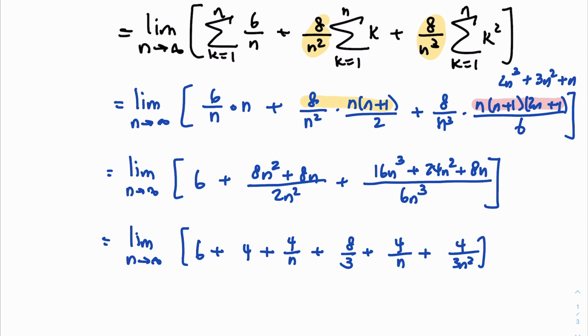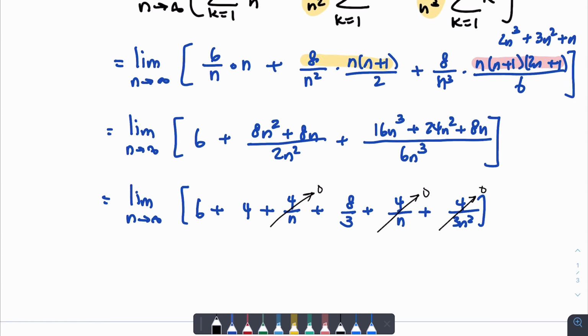So then as n goes to infinity, anything that has an n in the denominator is going to go to 0. So this term goes to 0, this term goes to 0, and this term goes to 0. So we're left with 6 plus 4 plus 8 over 3, which becomes 6 plus 4 is 10. 10 is 30 over 3. So that means that the value of the definite integral is 38 over 3.